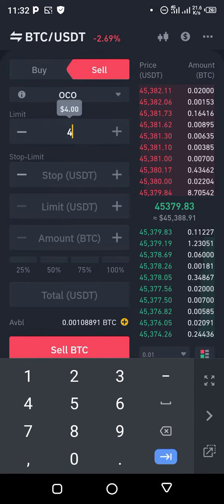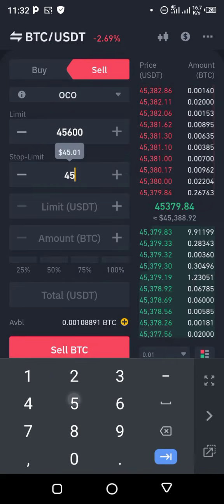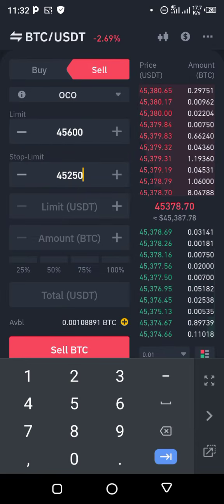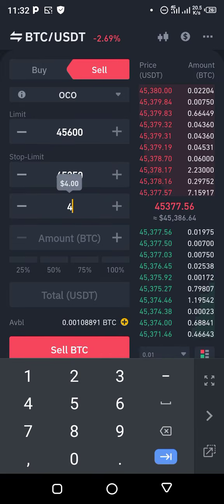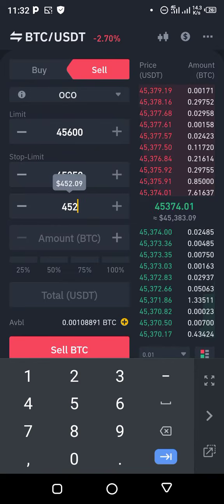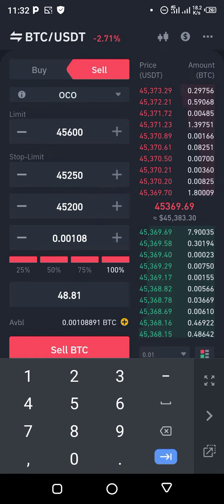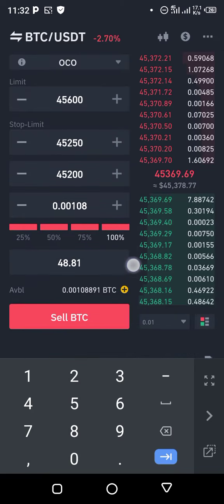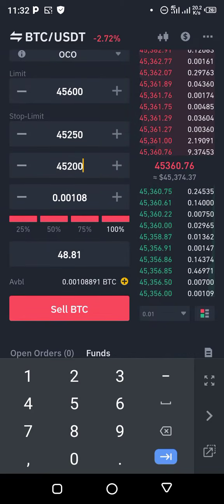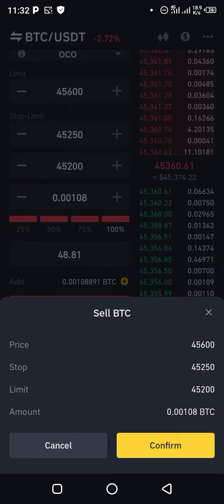We want the price to go to 45,600, and the stop limit, let's say, 45,250. Then we're telling Binance that if the price goes to 45,250, sell my BTC for me at 45,200. Then we put the amount. We're selling everything. Do you get it? Good. And then we place the sell order.